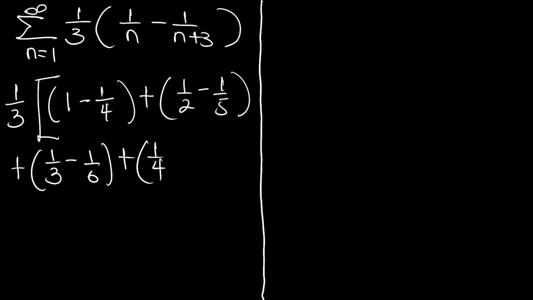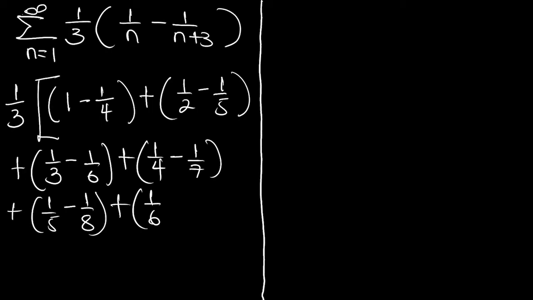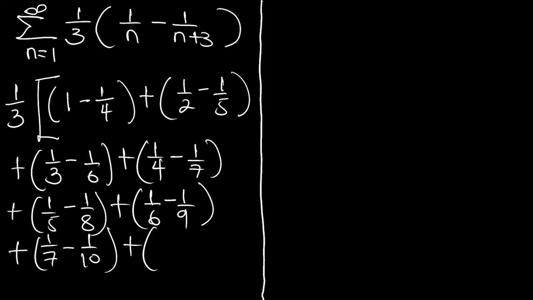That's order. 1 over 4 minus 1 over 7. 1 over 5 minus 1 over 8. 1 over 6 minus 1 over 9. 1 over 7 minus 1 over 10, plus 1 over 8 minus 1 over 11. Let's keep on writing the terms, plus 1 over 9 minus 1 over 12.